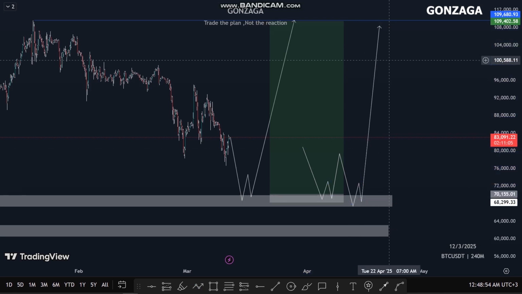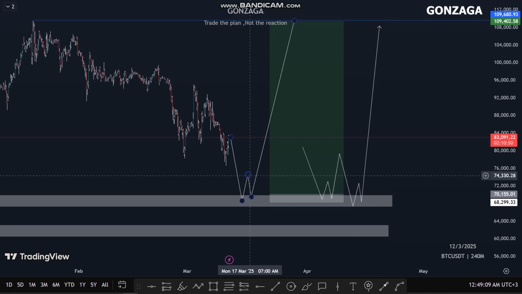What am I trying to show you? I'm trying to show you that you should prepare your account to be big enough to trade this move. It might be at least $30 or $40, so that you can always risk $10 on each move, since the market may take you out before it makes the real move.